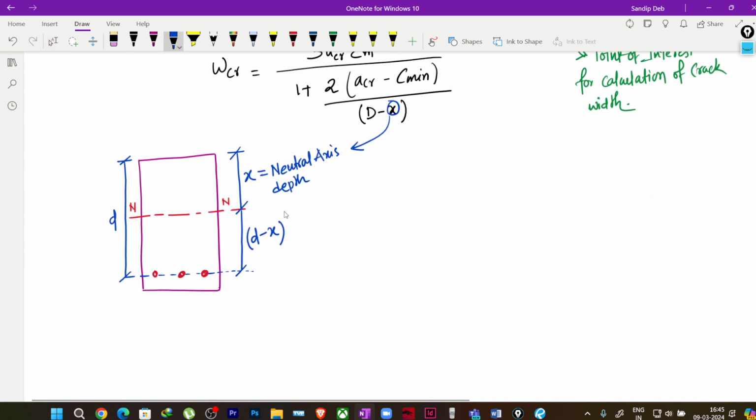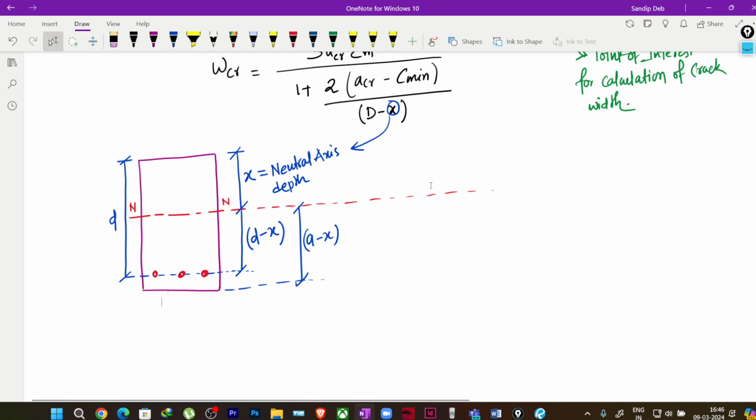So if we just extend this line, from this face, this distance is nothing but my a minus x, because we are going to calculate the crack width at this particular face. So this is my a minus x, right? It is a minus x. Now we know a equal to d, so we can replace this a with d, so it will be d minus x, correct? Right? So we will do that.